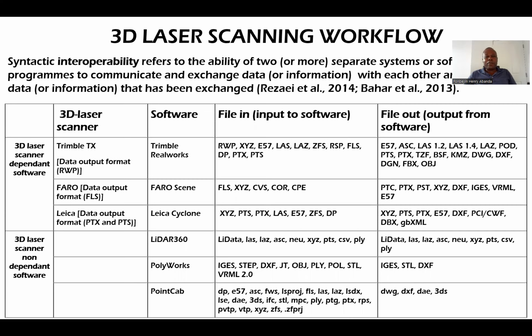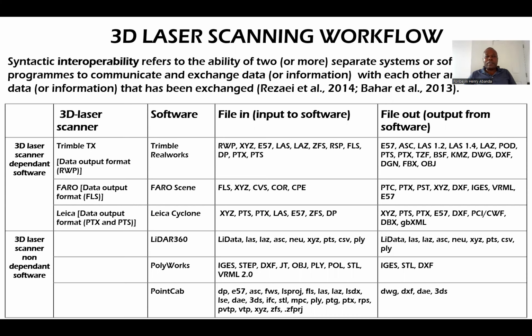Okay, so in other words, we are saying that for two software or two systems to be interoperable, they should be able to read or exchange data. One should be able to read data from another one.